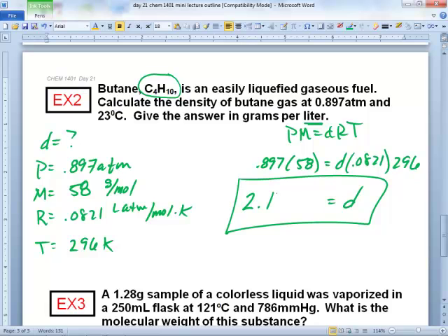Take the 0.897 times the 58, divide by 0.0821, divide by 296. It should work. And everybody, the units have to be grams over liters, right?